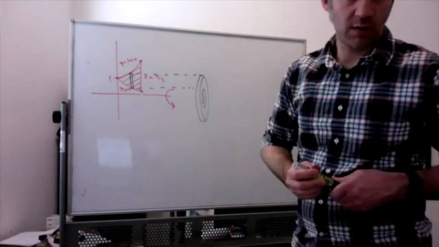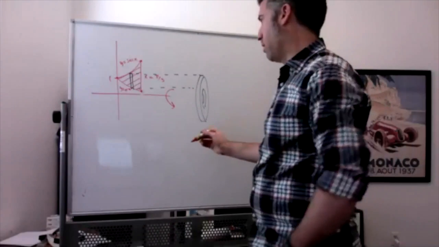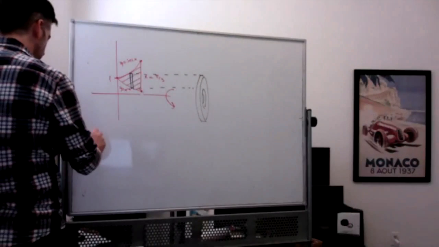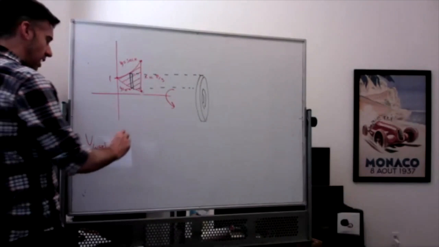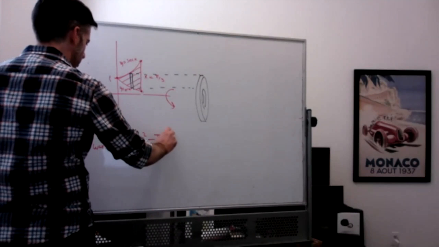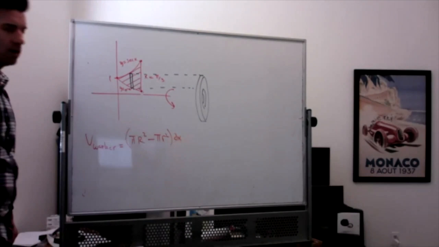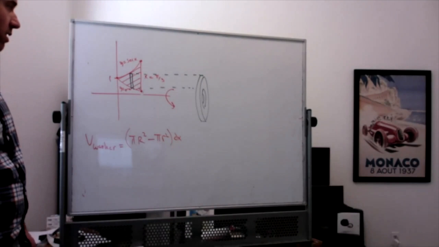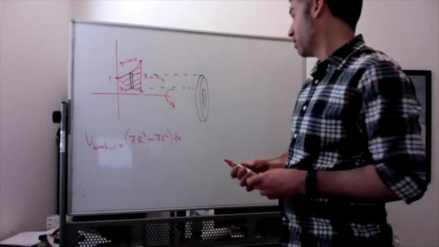So there's our washer. We want to find the volume of our washer. Well, the volume of a washer is always the area of the big circle minus the area of the little circle, all times the thickness of the washer, which is dx if you're doing it around the x-axis, or more generally, if you're using a vertical strip.